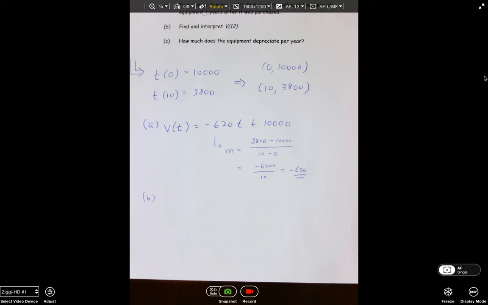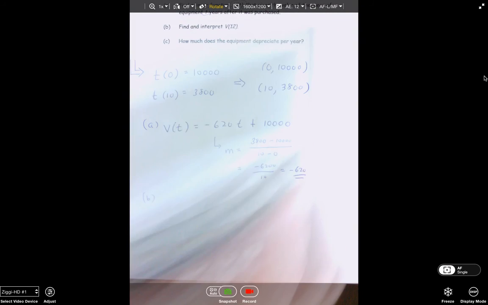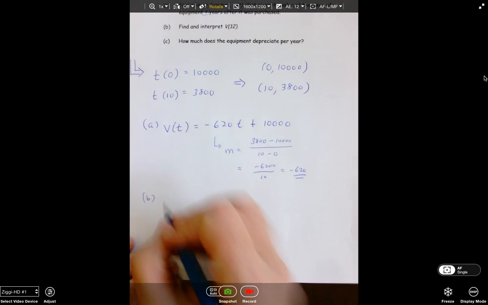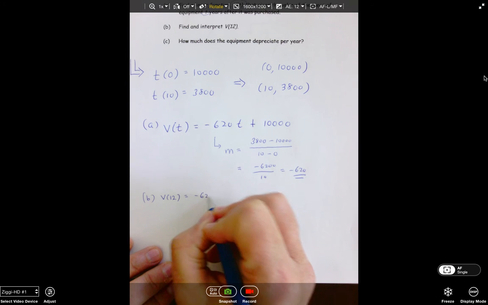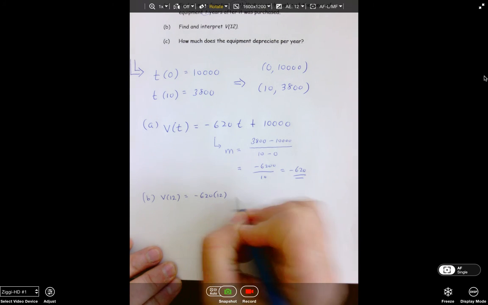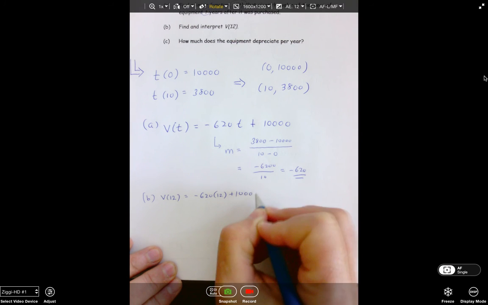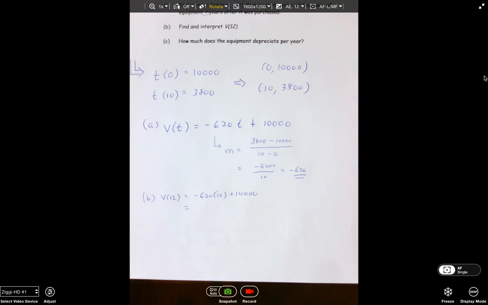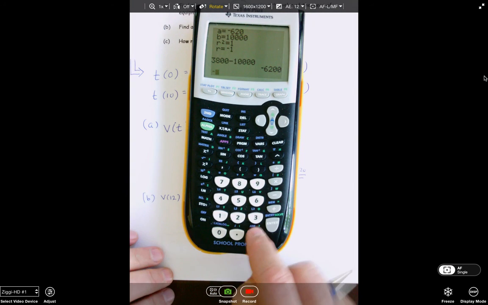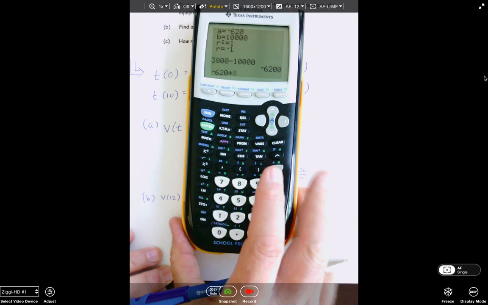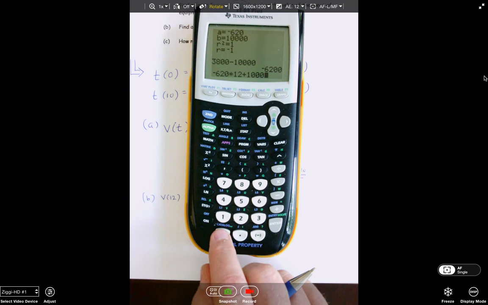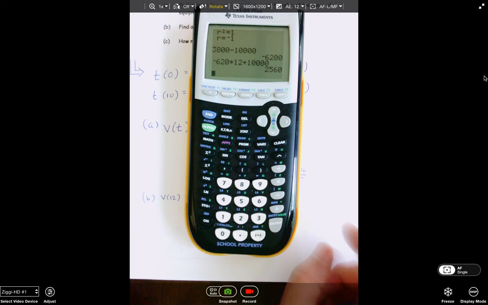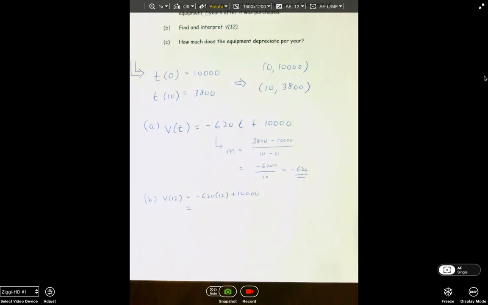Find and interpret V of 12. I'm going to plug and chug on this one just to show you a different way. So V of 12 is going to be negative 620 times 12 plus 10,000. So we'll put that in our calculator. So $2,560.